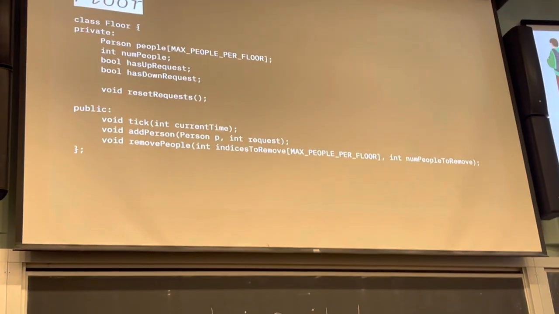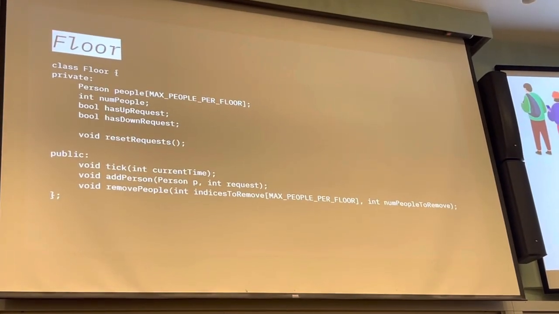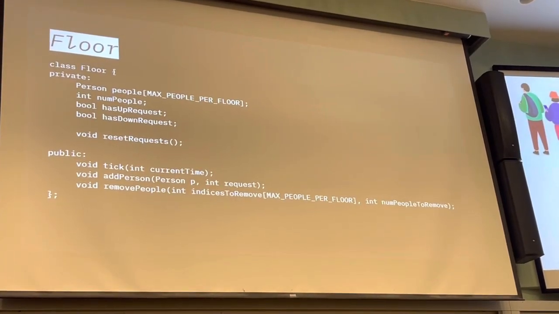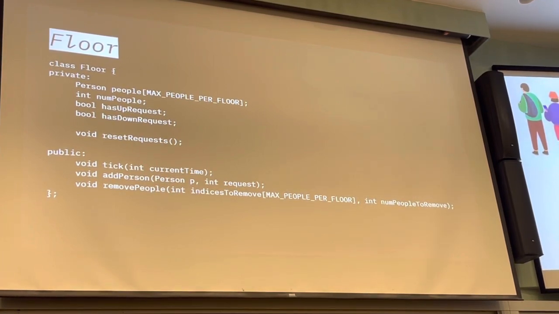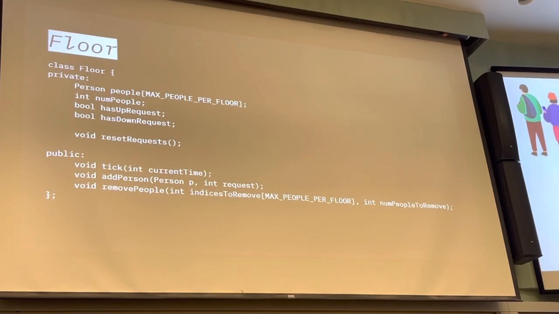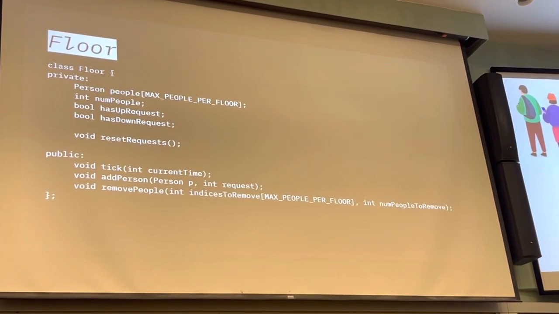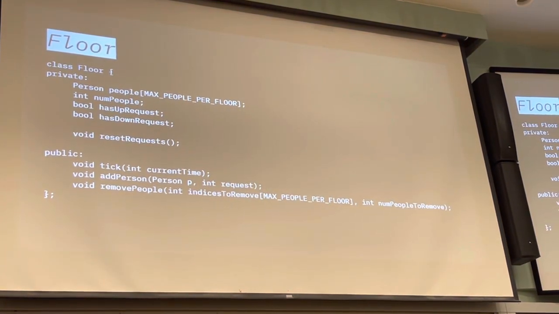So here are some of the public and private members that our floor class has. The main thing that you want to pay attention to is that array of people. These are all the people that we talked about before that are waiting for the elevator. And then we're going to have the number of people that are waiting, and then our has up request and has down request variables are going to tell us whether or not there is someone with an up request or there is someone with a down request.